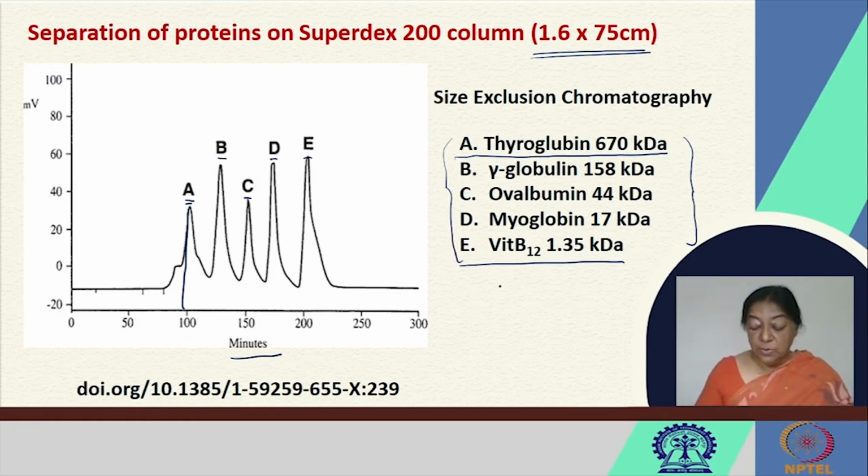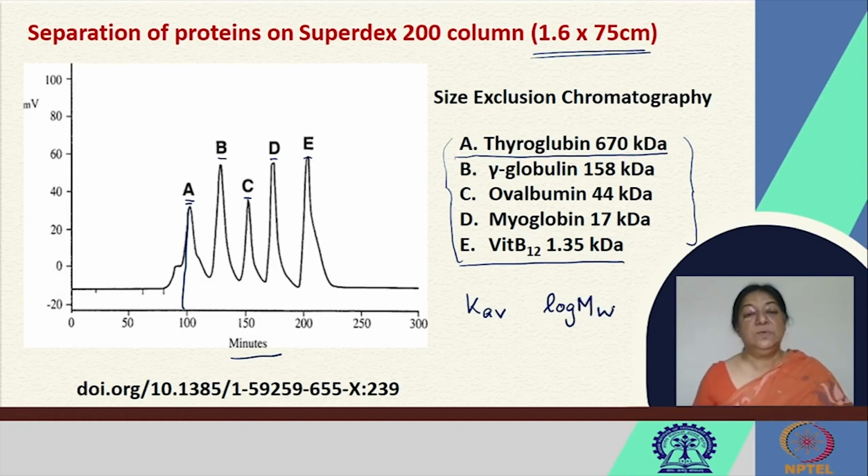Then what we can do is, from the KAV value and from the log of the molecular weight values, we can form the calibration curve and then run the unknown protein and find the molecular weight of the protein of interest. Not only finding the molecular weight, but also the separation of the proteins.